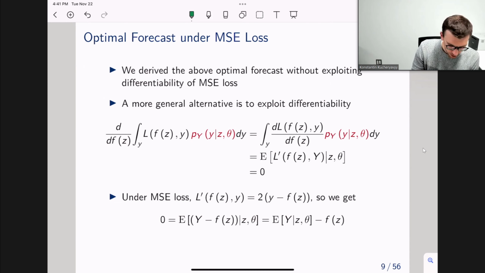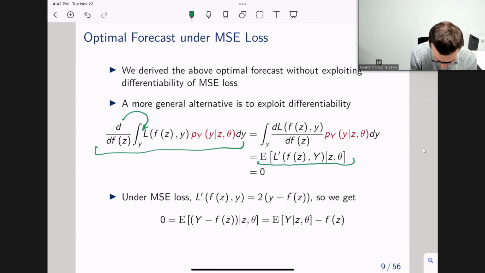So we can just differentiate this expected loss. We bring this under the sign of the integral. Basically, that means that we need to calculate the expected differentiated loss and set it to 0, assuming that we are minimizing a convex function.